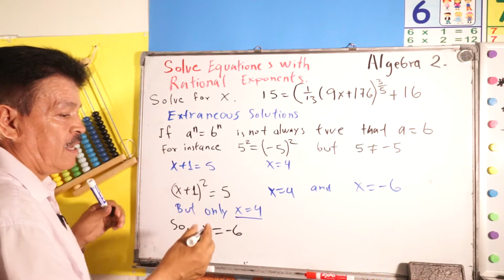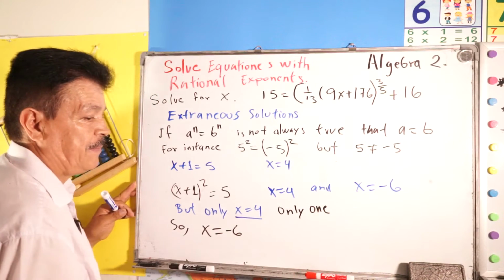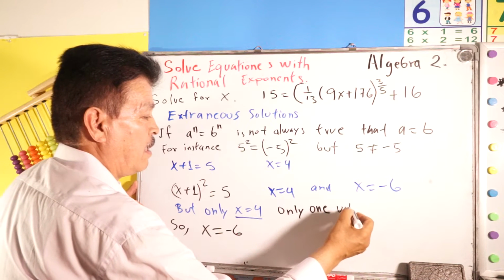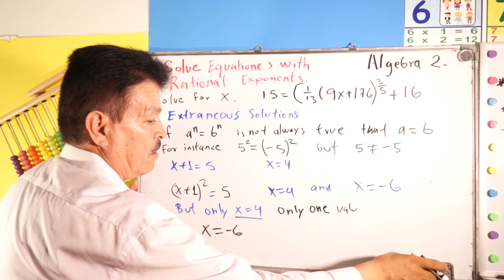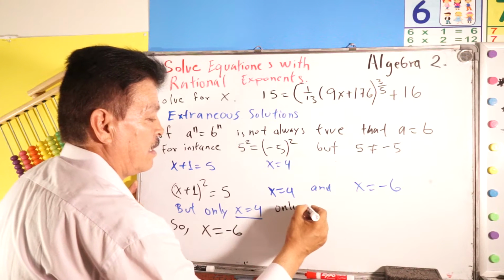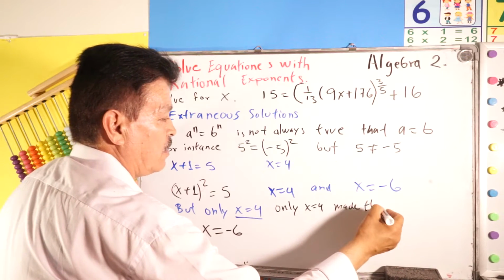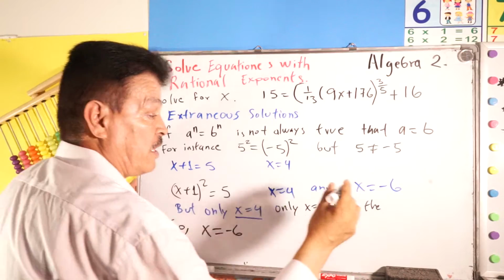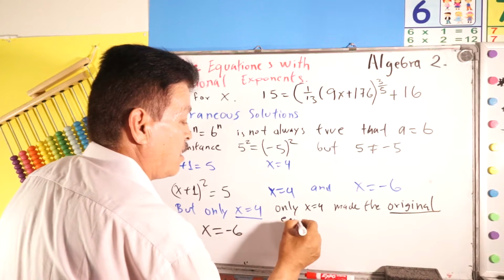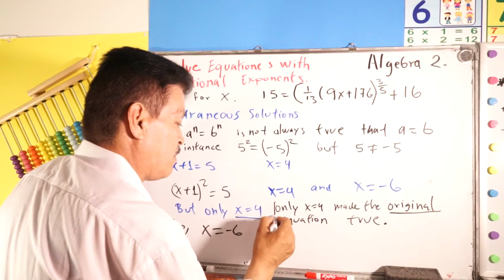Maybe it's important to write this: only one value, only x equals 4, made the original equation true. This is very important.